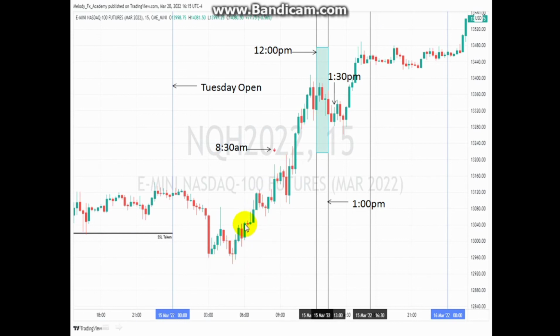And if you are expecting a bullish day, your high probability setup for entries will be below the opening candle of the day, below the 12 a.m. New York midnight opening candle. Your high probability setup will be below or close to it. That's where you want to get your buy, for your bullish days.